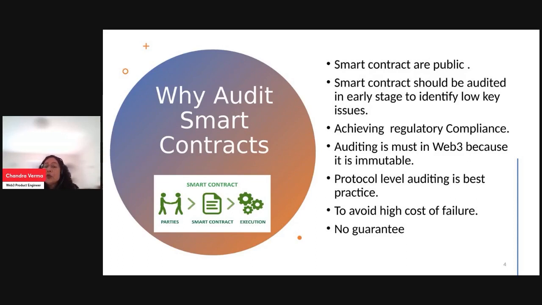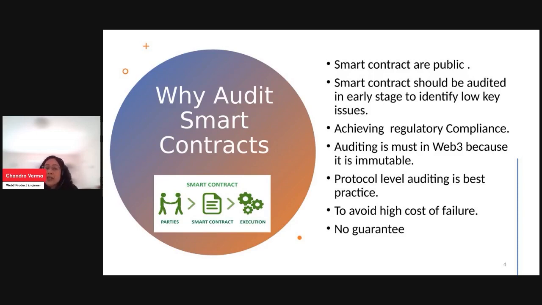Then it should be audited at an early stage to identify low-key issues, which cannot easily be caught later in the QA cycle, even with a very efficient automated QA tool. And some smart contracts have to follow regulatory compliances. To achieve those regulatory compliances, the audit process should run on a smart contract.